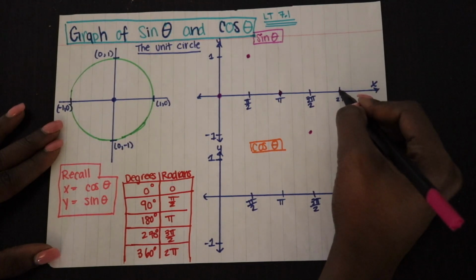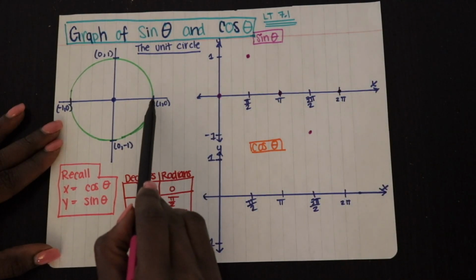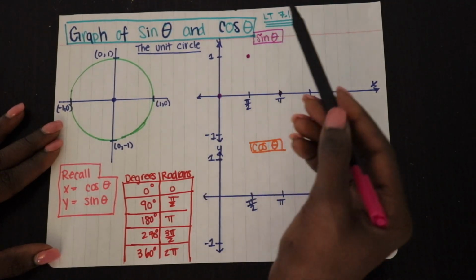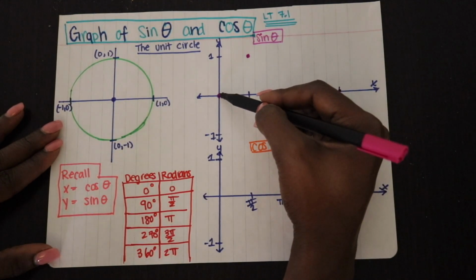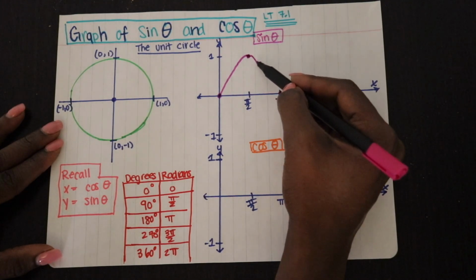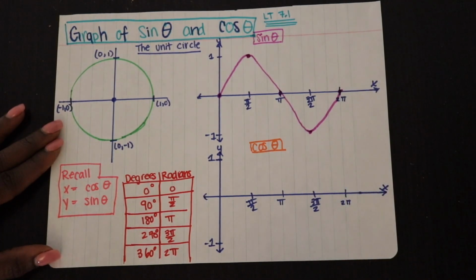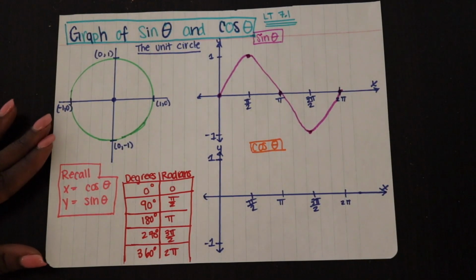So this is one full cycle around the unit circle. We started here, we went all the way around to all 4 points, and we ended back here. And this is the graph that it creates. So we want to draw our line. It actually curves. So this is what sine theta looks like.